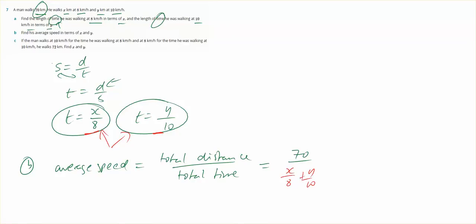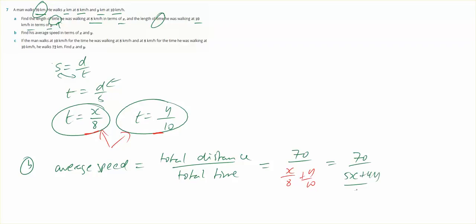As a methods student, I shouldn't leave my fractions like that, because that's not a nice answer. So you can take a common denominator of 40. 8 goes into 40 5 times, so that'll be 5x, and 10 goes into 40 4 times, so 4y.